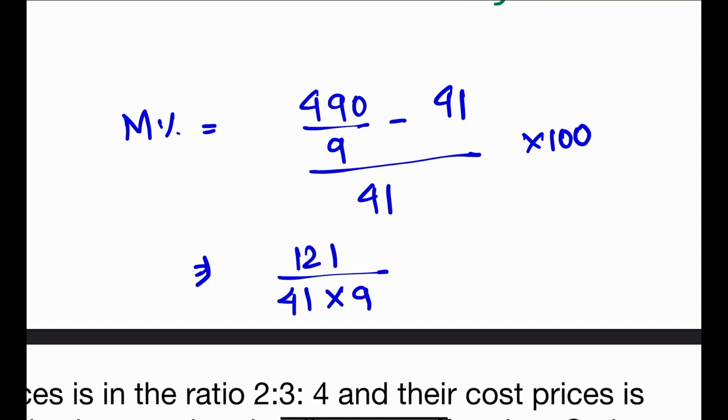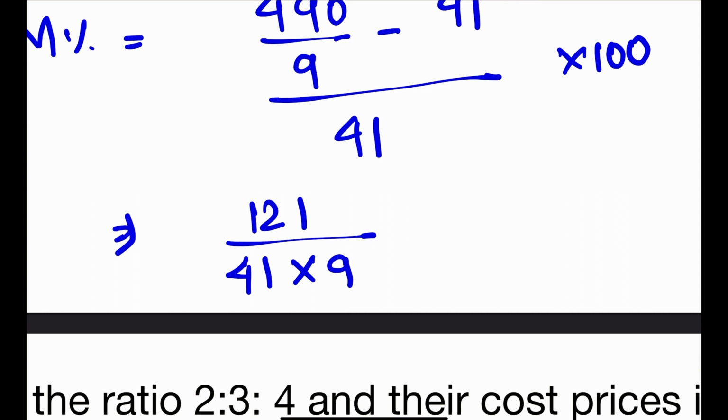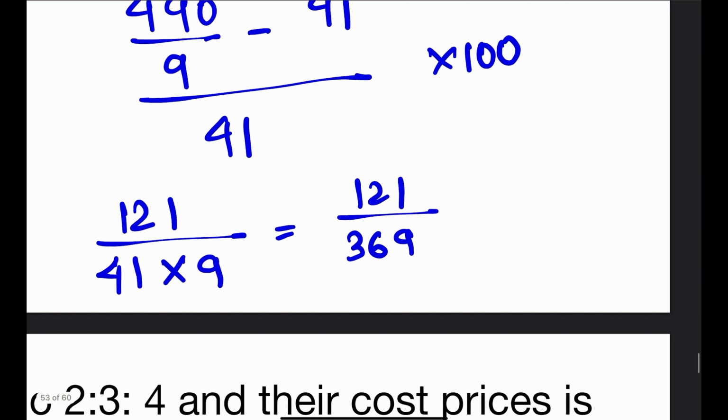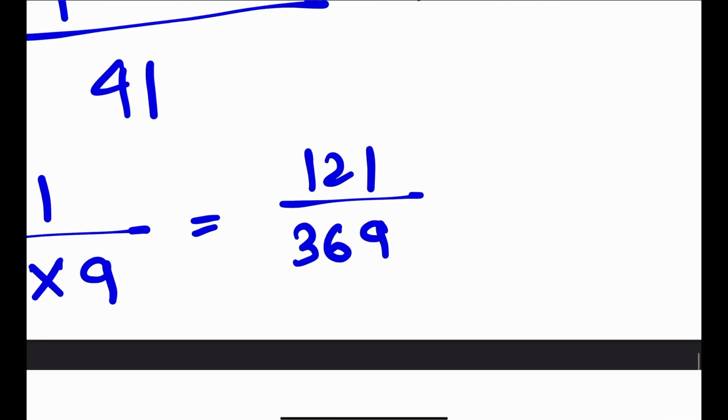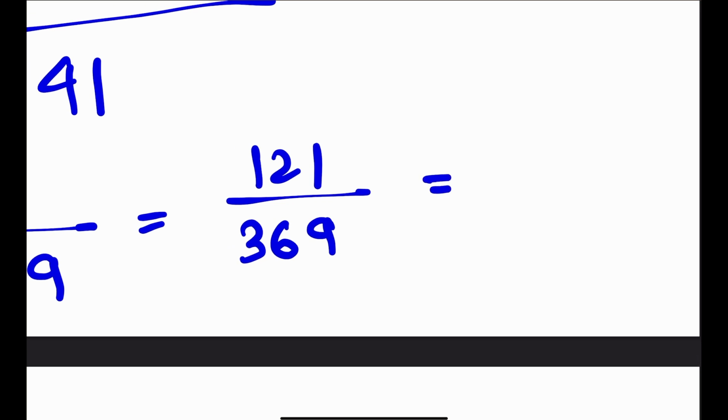So is it divisible? 121 is divisible by 11 only, no? Okay, no issue. So we will just calculate it further. 121 upon 936. So 1/3 of this one is how much? 1, 2, 3. So yeah, it's approximately 33%. So it will be 32.8 or 9%, whatever value we want to give.